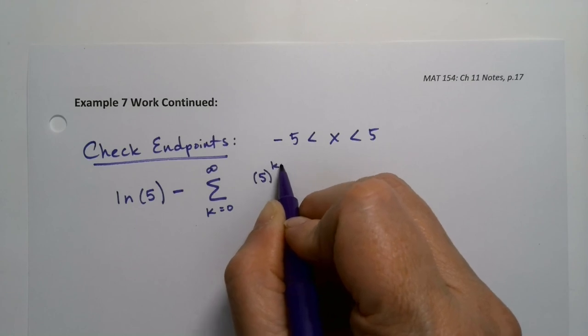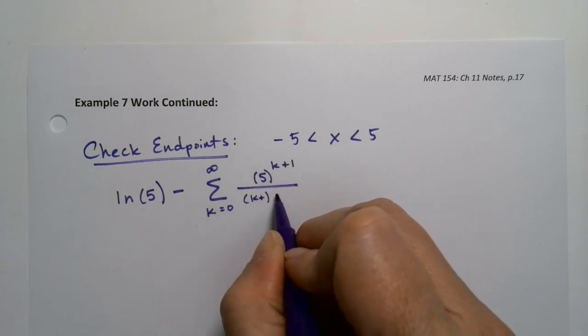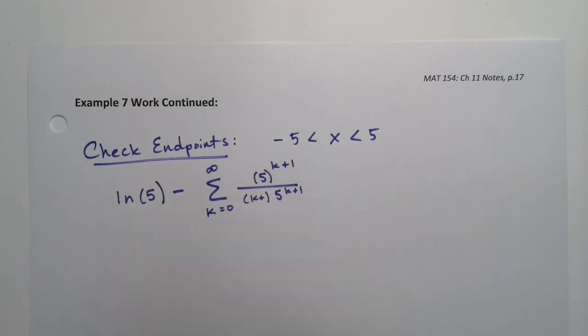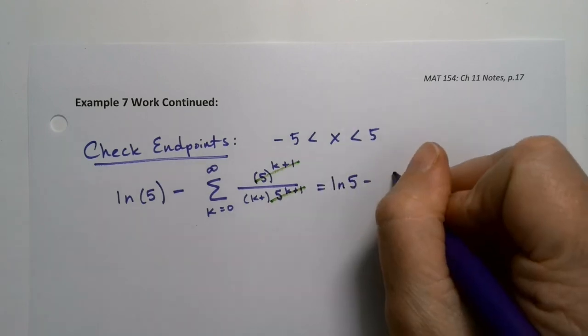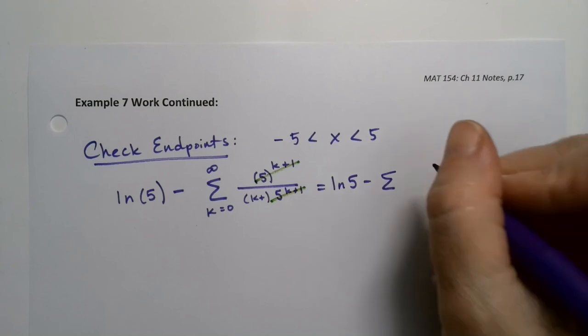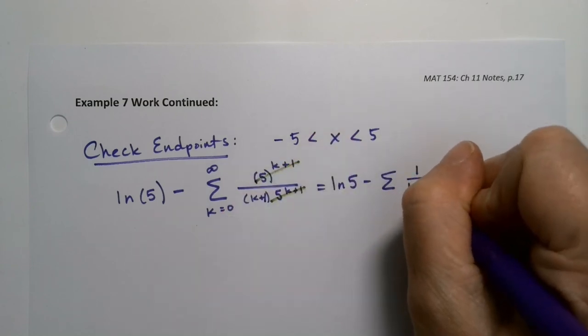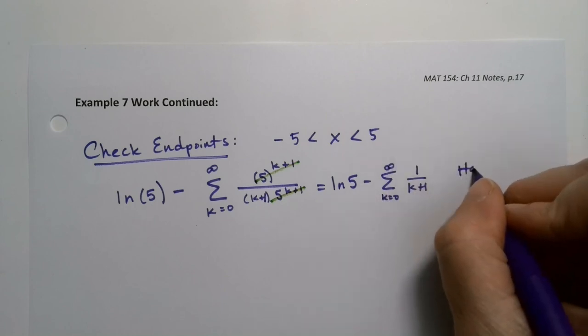So 5 to the k plus 1 over k plus 1, and then another 5 to the k plus 1. Well, that's convenient. These are gone. And you're left with the natural log of 5 minus the summation of 1 over, oh, that's k plus 1, k plus 1. That's divergent. That's the harmonic series.